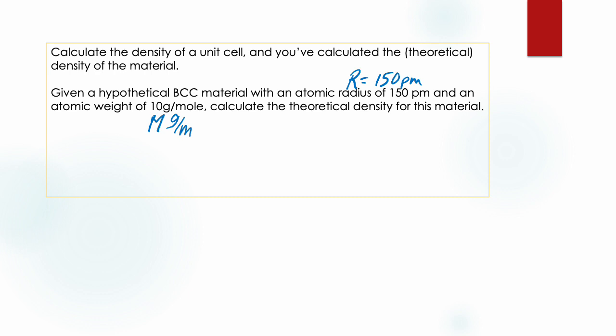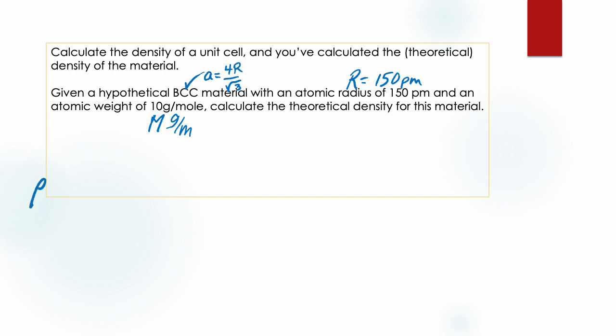And I'm given that it's BCC. So if it's BCC, that means that a is equal to 4R over square root of 3. And it's asking me to calculate the density. We're calling it theoretical density because we're not measuring it, we're just calculating it based on what we know about how atoms are arranged in BCC.